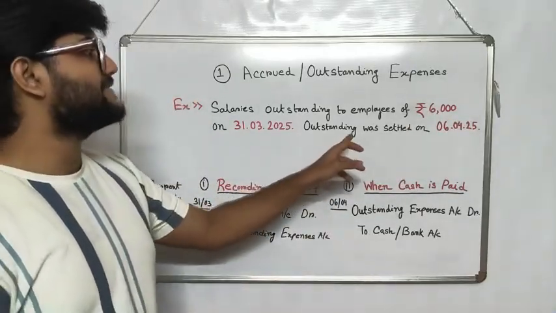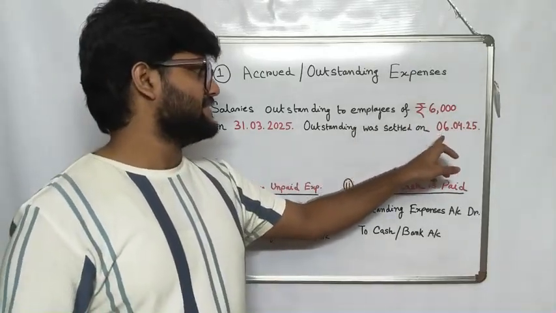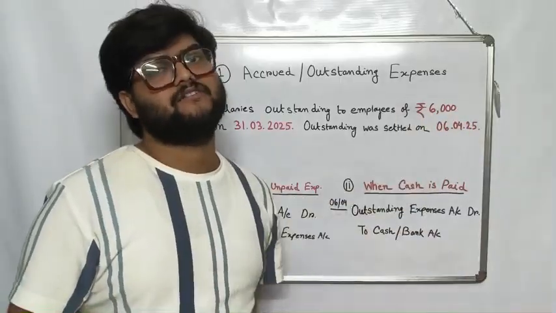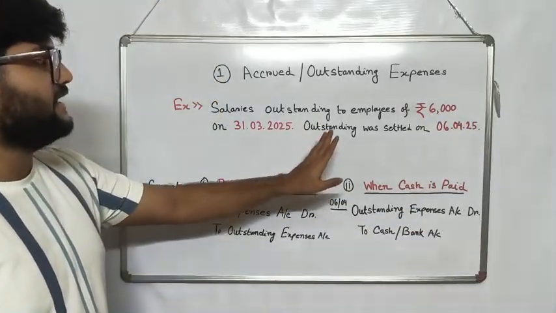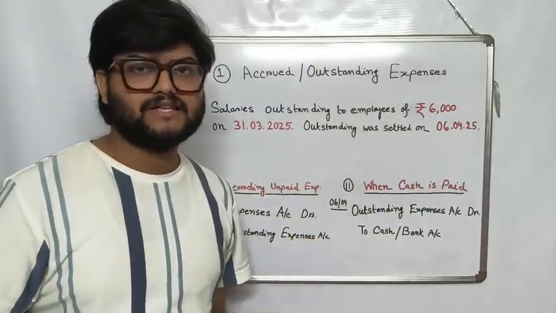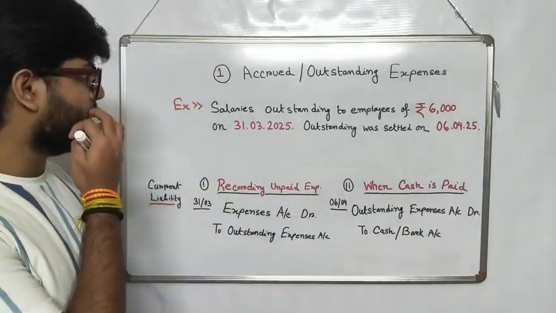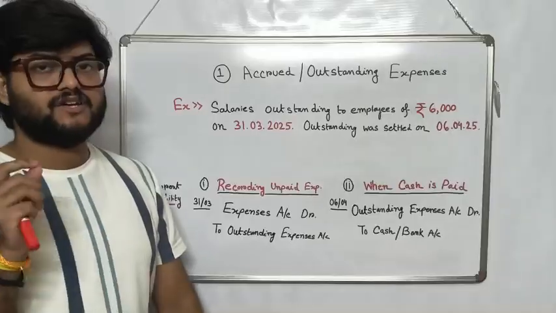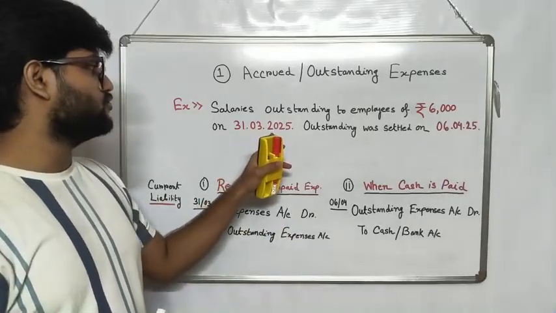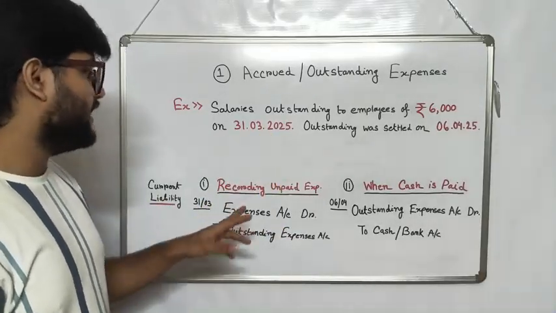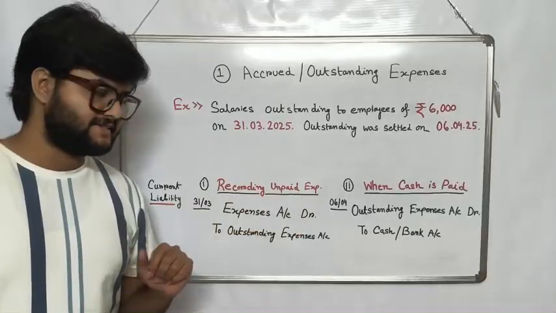The outstanding was settled on 6th April 2025. That is, the outstanding has been paid to the employees on 6th of April 2025. Now you see, at the end of the financial year, that is 31st of March 2025, we will record the unpaid expenses.